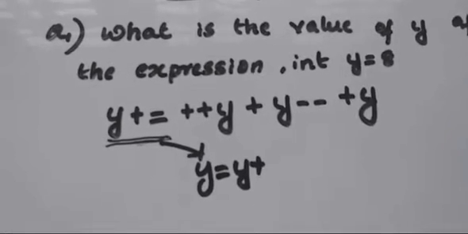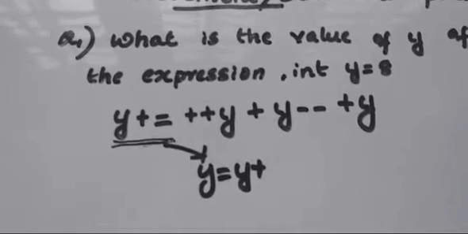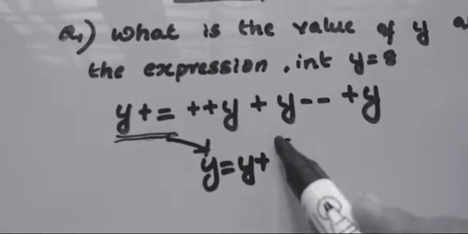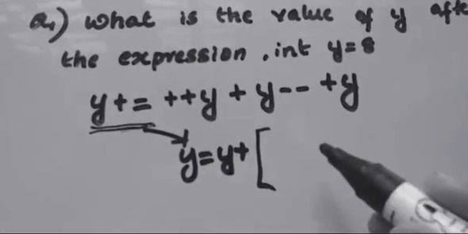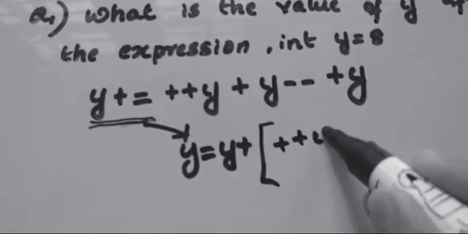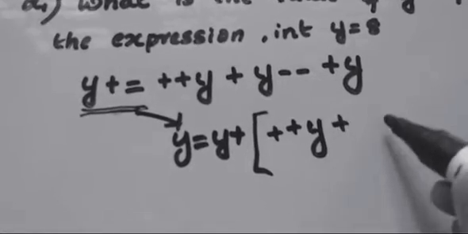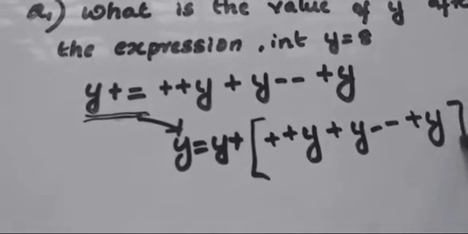So when a question like this comes, you first expand this. Then after that, put a bracket. Clear? Whatever expression comes after that, write it: + ++y + y-- + ++y.